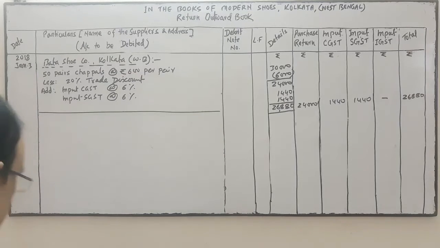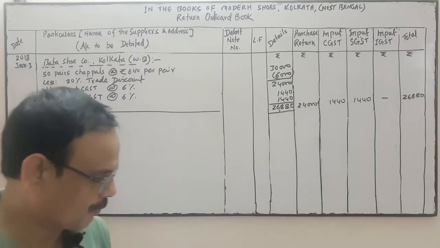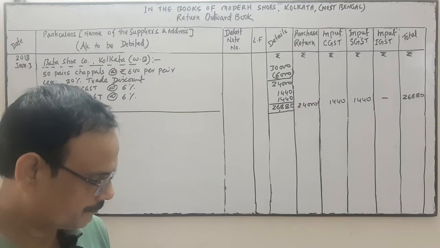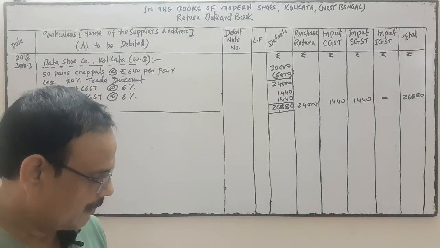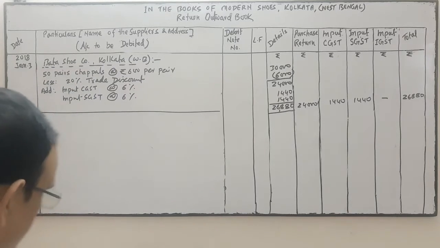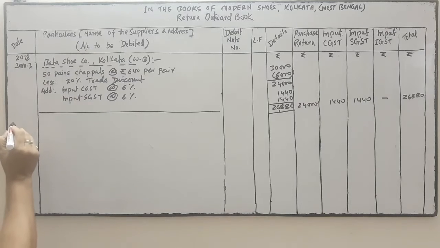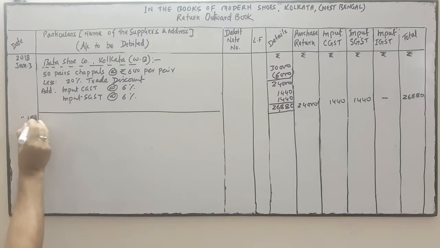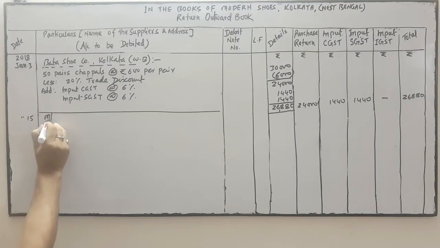Next transaction related to purchase return, return outward book. Return to Baluja Shoes Company, Kolkata. This is of January 15. Messrs.